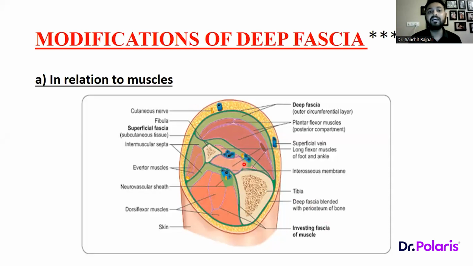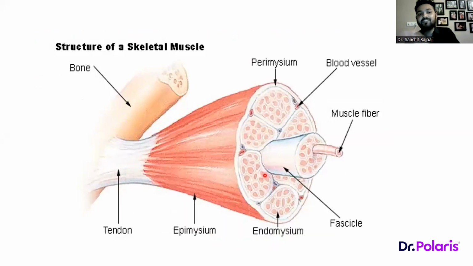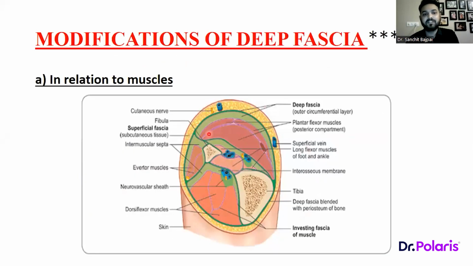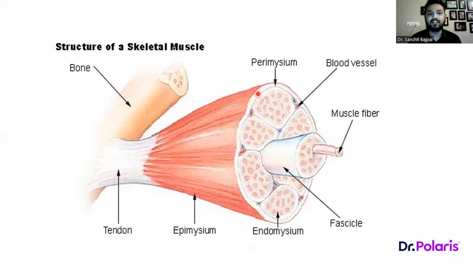Now, not only does this deep fascia form important compartments by these septations, but also it lines muscle fibers. So let's suppose this was the muscle, I've taken out this muscle, and this is the whole muscle that is in front of me. The deep fascia covers each and every part of the muscle also. That is the modification.